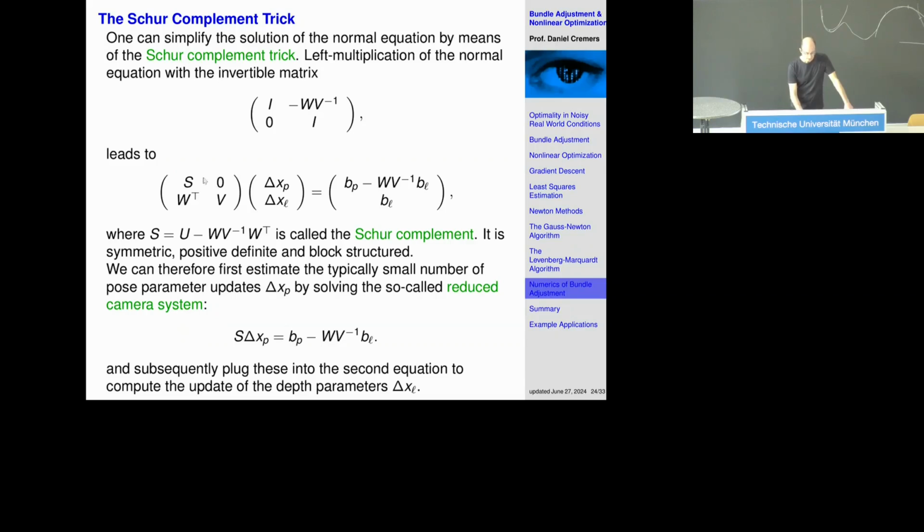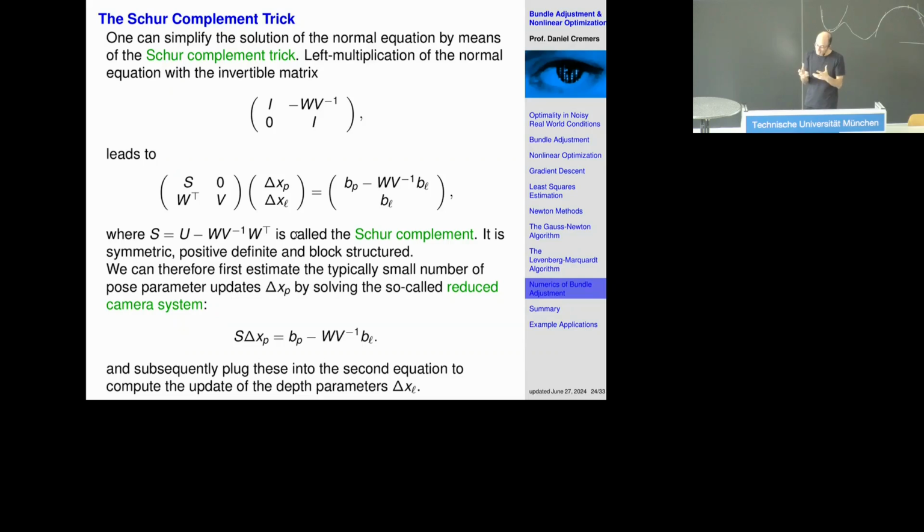What does that mean? It means this first equation, S times delta xp plus 0 times delta xl is this here. We can solve this for the update in the pose parameters without needing the landmark parameters. They are killed here by the zero. So we have one equation that's only for the camera pose updates.